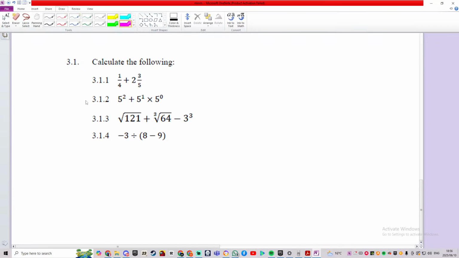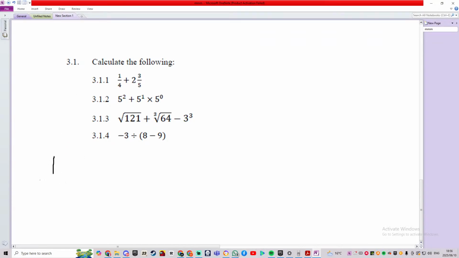We are starting with the addition of fractions. Okay, thank you. So we have 1/4 plus 2, and now that is called a mixed fraction. How are we going to convert this mixed fraction to a normal improper fraction?